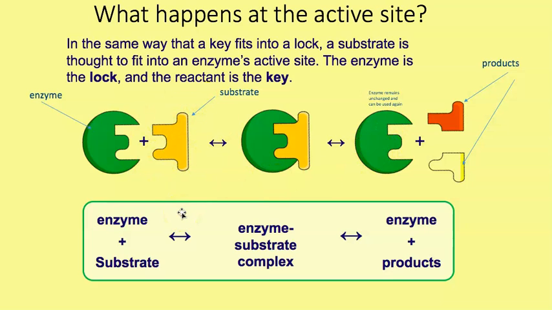So it can be used over and over again, which makes it really, really good at its job. Okay? So enzyme and substrate, like lock and key, enzyme substrate complex, and then you get your enzyme and products. If you've got a question in an exam, don't be afraid to draw this model. Show that you know this model, show that you know how it works. Okay, so pause the screencast now, make sure you have written this down.